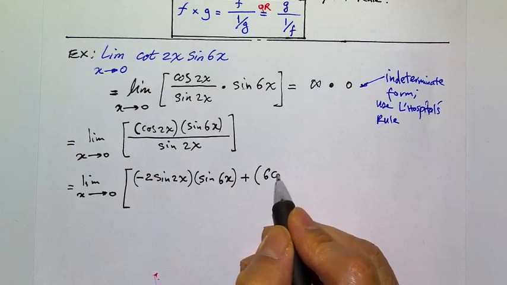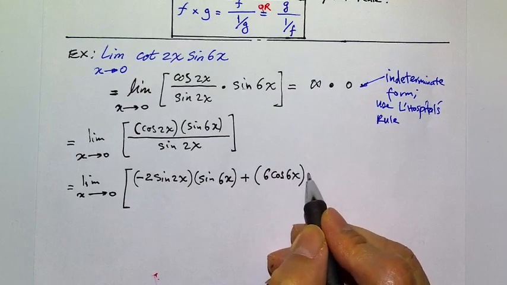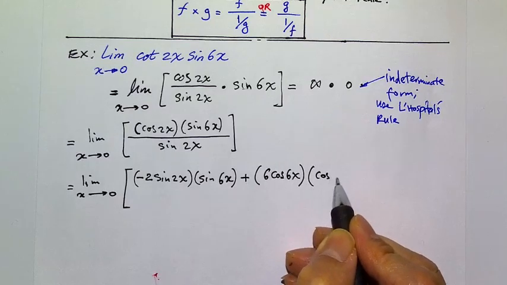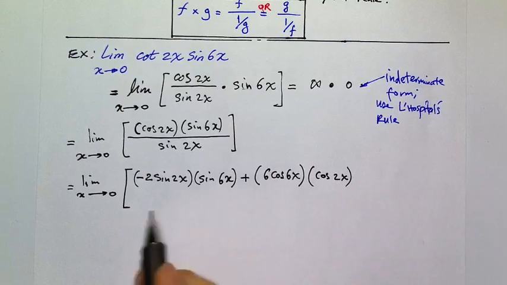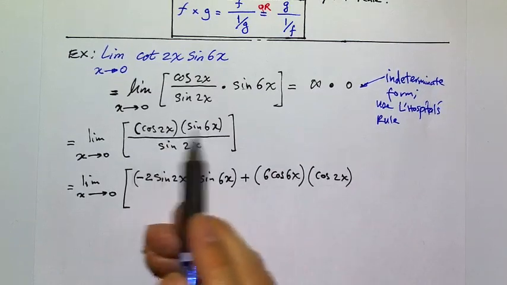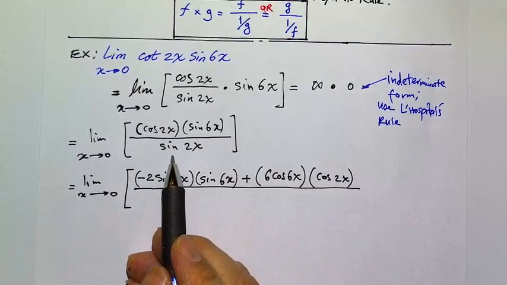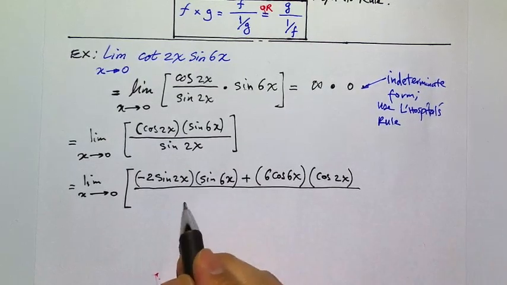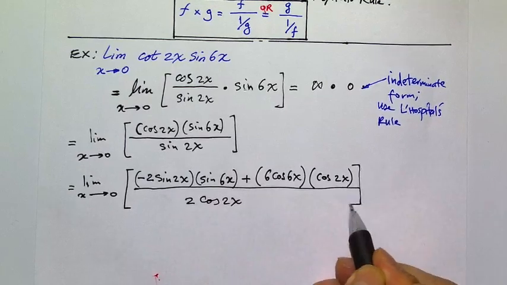So 6 times cosine of 6x times cosine of 2x. And then, so that's the derivative of the numerator divided by the derivative of the denominator. So that would be 2 times cosine of 2x, like that.